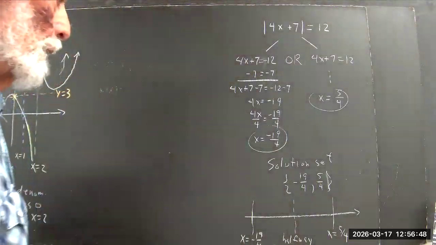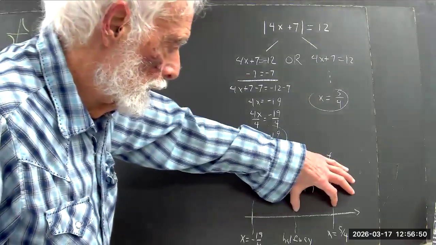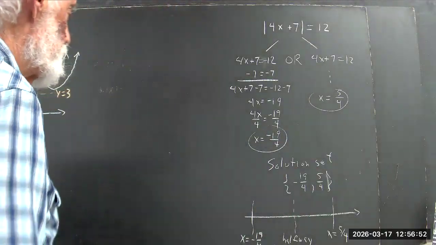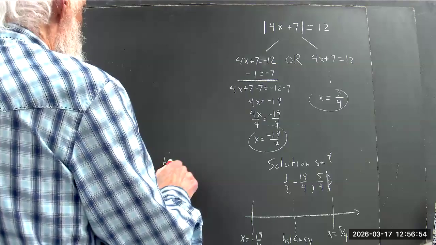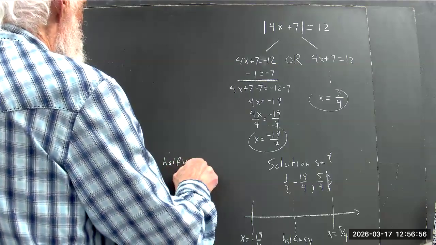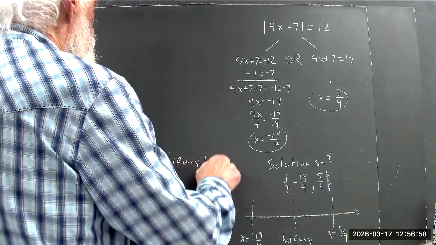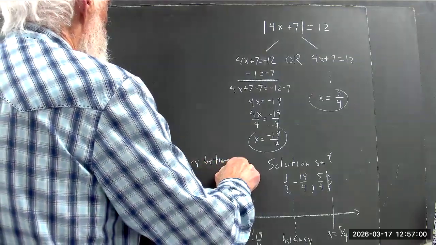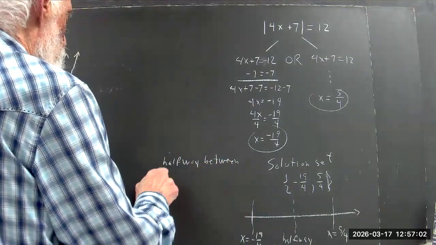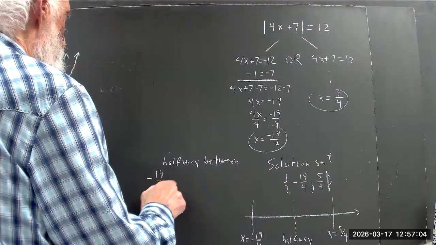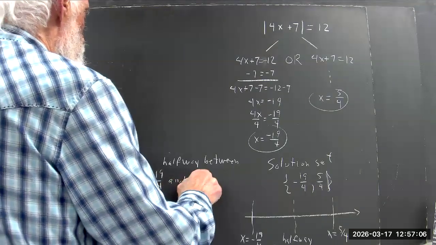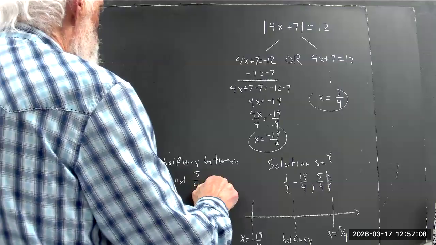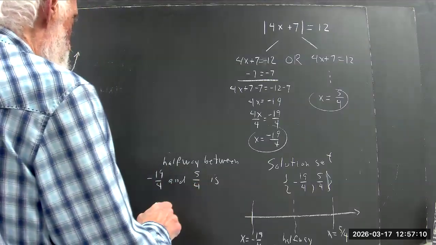It's roughly halfway between. That's not too bad. Okay, halfway between negative 19/4 and 5/4 is what?